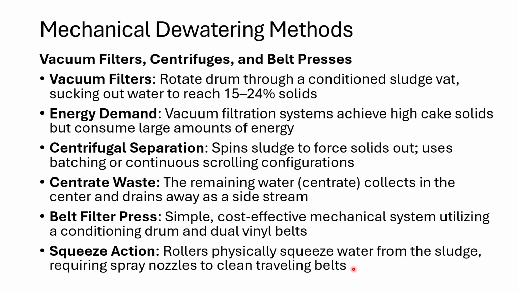And you can have a conditioning drum and then a couple of belts that are going to do this for you. And there's also another belt filter press that we'll talk about, but that's one of them you look at. And all you're doing is you're just taking a couple of rollers on that belt press and you're squeezing as much water out of the sludge as you possibly can.